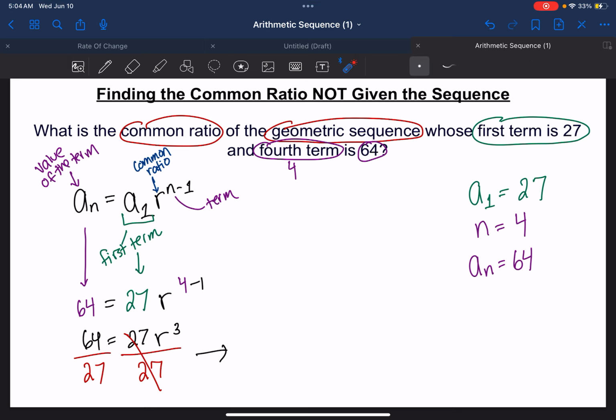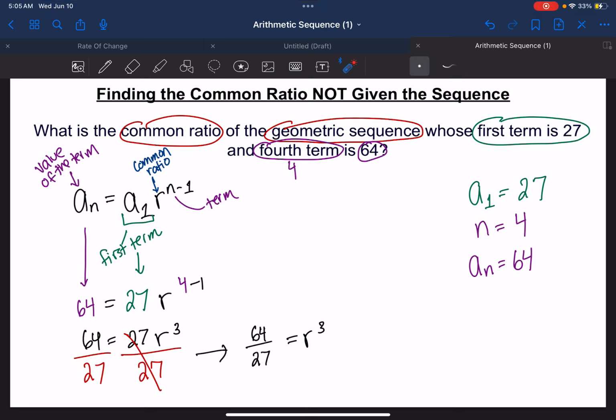When we put this in the calculator, it gives us a really long decimal, so I'm just going to keep it as 64 divided by 27 equals r to the third. Now, we want to get the r by itself. So we have to do the cubic root because we have to get rid of this third power.